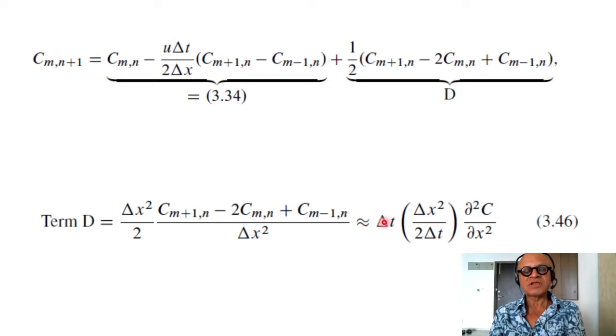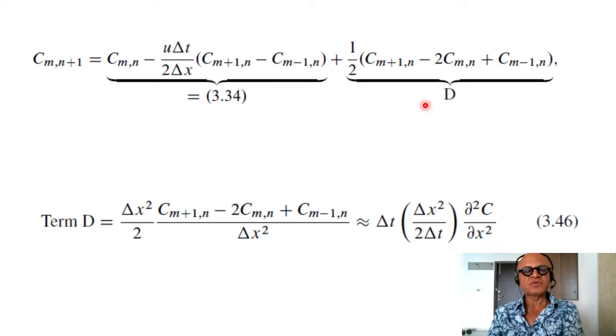This is approximately equal to delta x squared over 2 delta t, and this is an approximation for del squared c over del x squared by our Taylor series approach, right? So basically Lax made it stable by adding a diffusion term.